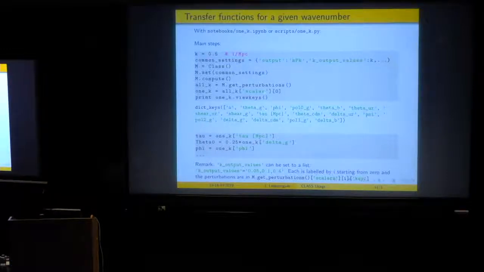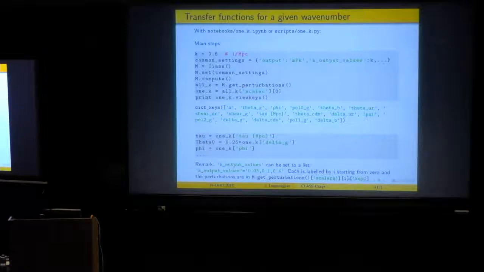I would get scalar and tensors here, and I would have 0, 1, 2, 3, 4, and they would refer to the different values of k. Here I only have scalars, I only have one value of k. So to get the evolution of perturbation for the scalar and this value of k, I evaluate the output of get_perturbations with these indices, and I put the result in 1k.